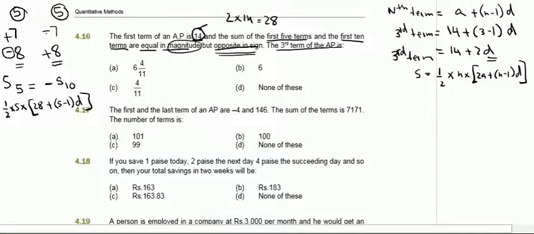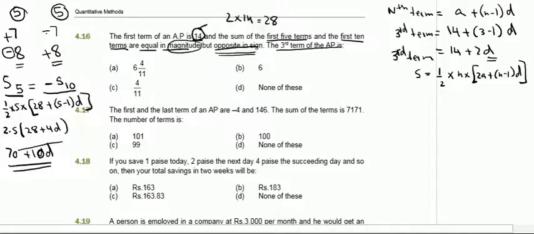If I simplify it, half into 5 is 2.5, times (28 plus 4d), which will be 2.5 into 28 is 70, and 4 into 2.5 is 10d. This is the sum of the first 5 terms. So in our S5 equals negative S10, we know that S5 should be 70 plus 10d.